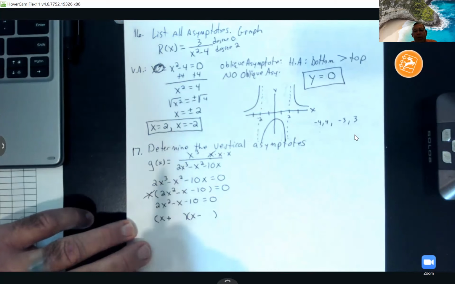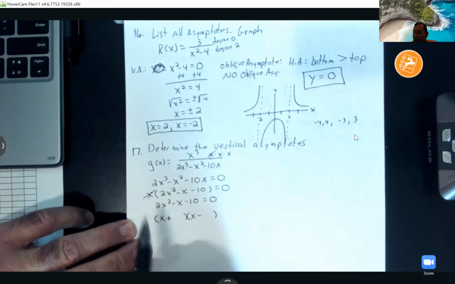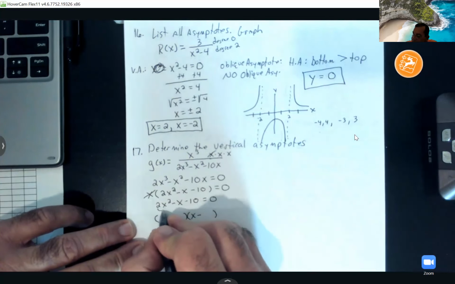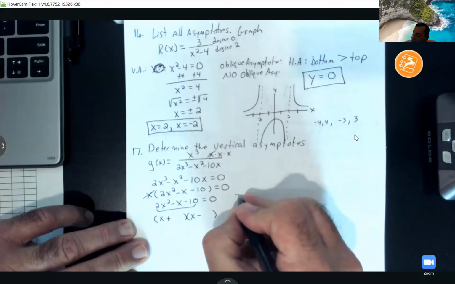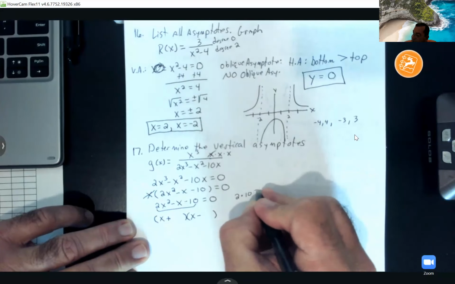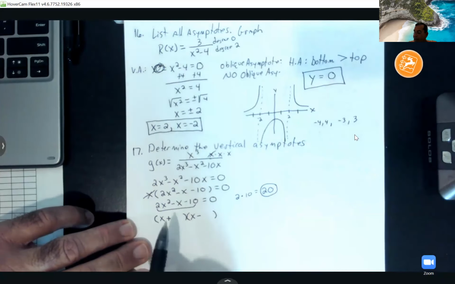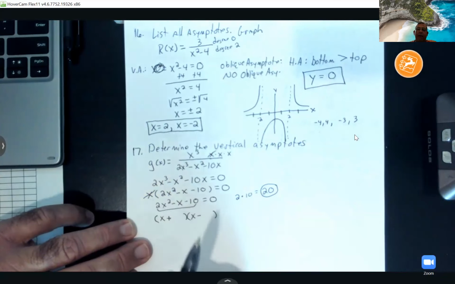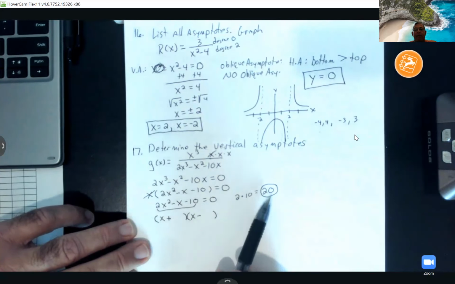Now to get the numbers, watch what I got to do. Since I got this 2 in the front, I got to take that 2 and multiply by that 10. So 2 times 10 gives me 20. Now, I don't care about the sign, y'all. I'm just multiplying the numbers. So anytime you got a number in front, multiply by the last number and get that product.